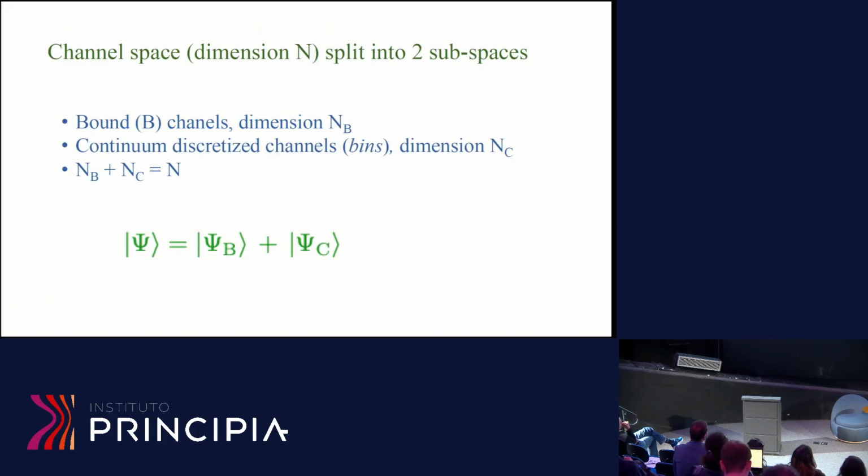Well, then one splits the channel space into components, one in the continuum and one in bound states. And these wave functions, these components, are used to calculate complete and incomplete fusion.